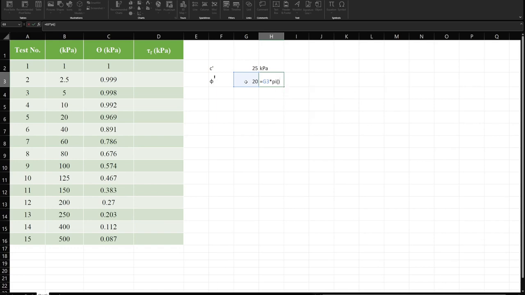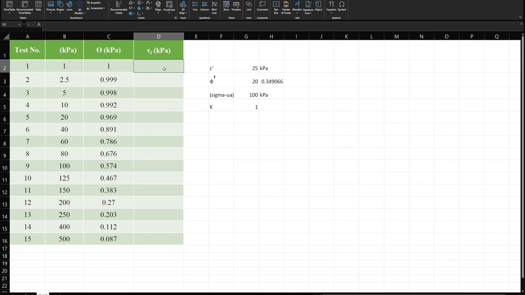Multiply pi divided by 180, so it's in radian now. And then we have the value of sigma minus UA, I'll write, that's given as 100 kPa, and the value of K is 1. So these values we have been provided, and then we can calculate the value of tau f.